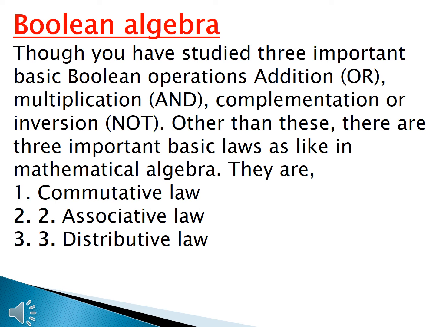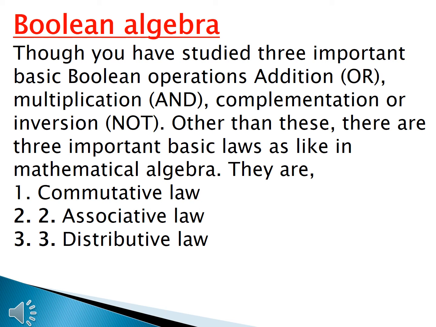Commutative law: the laws of addition and multiplication say that the order in which variables are ORed and ANDed makes no difference, as the same result is obtained either way. I already explained, that's why I will read the book.